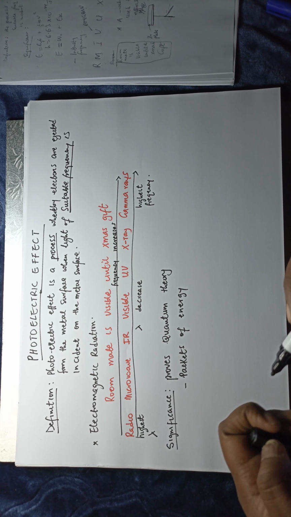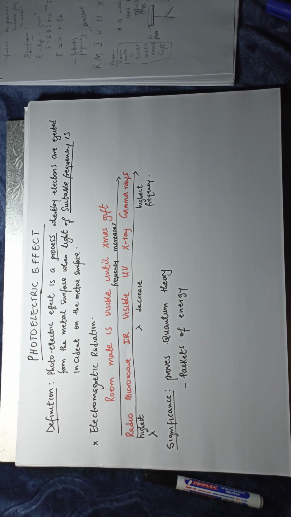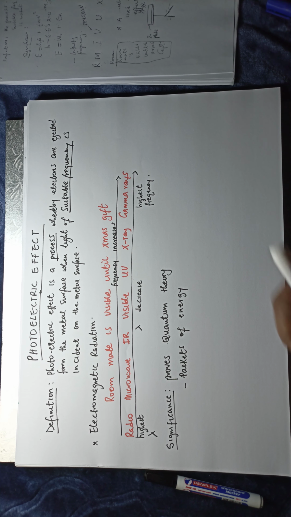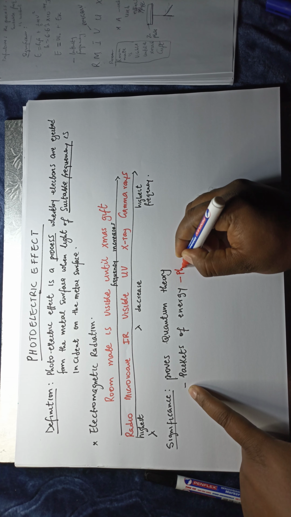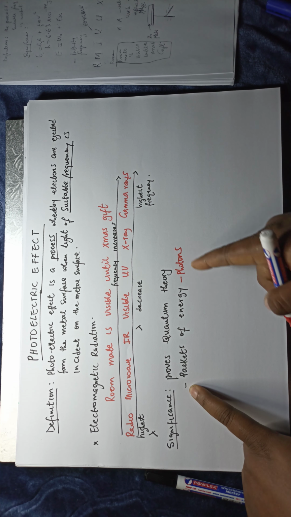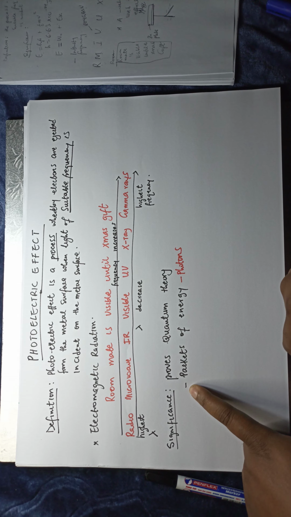And each of those packets of energy carries the same energy. In other words, the packets of energy are quantized. We call them quantum, but we have a special name: we call them photons. So the energy each of the photons carries is quantized.